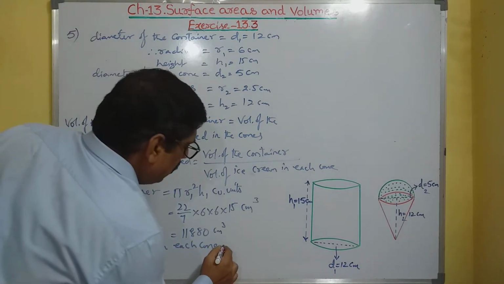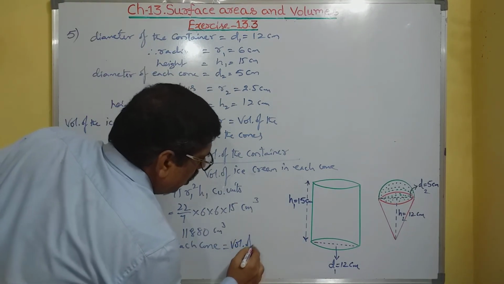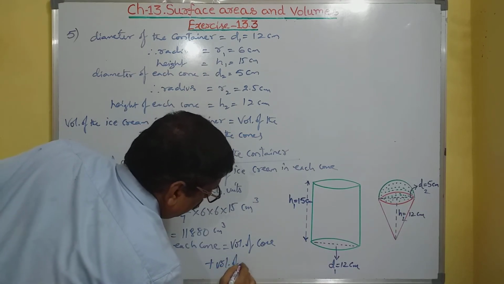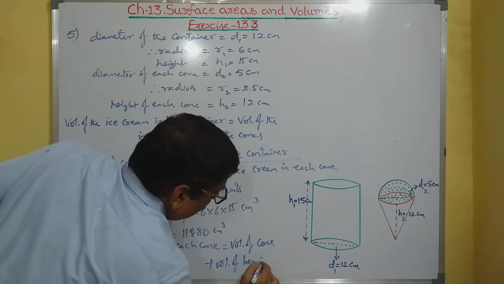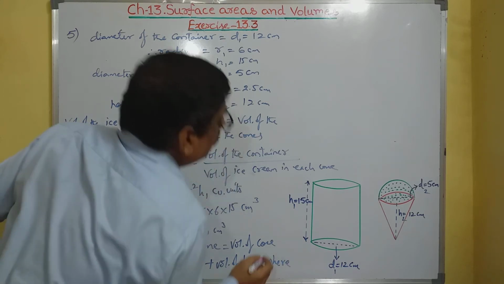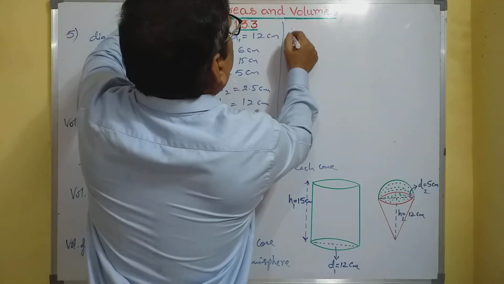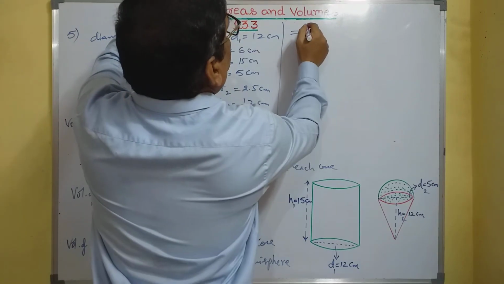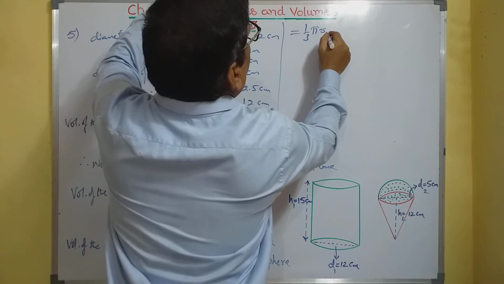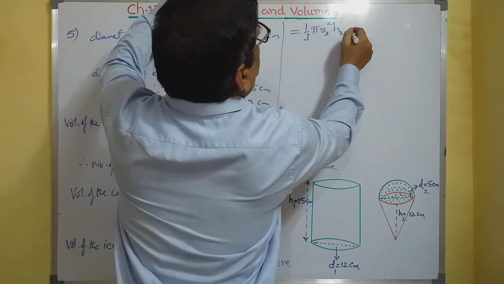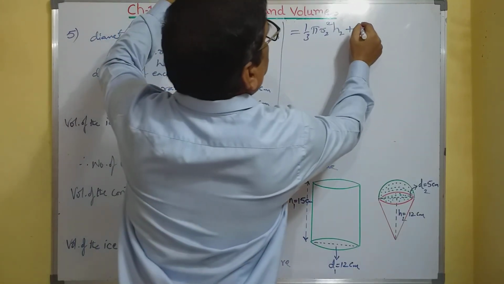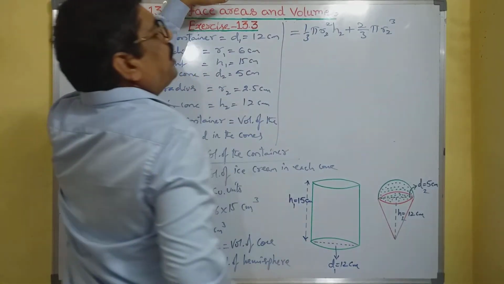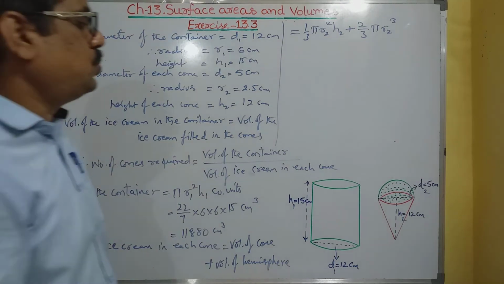So it is equal to volume of cone plus volume of hemisphere. Therefore, this is equal to volume of cone formula 1 by 3 pi r square h plus volume of hemisphere formula 2 by 3 pi r cube. Here r is taken as r2 and h is taken as h2.